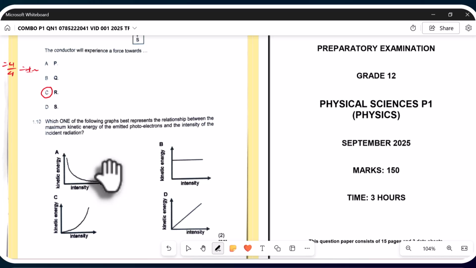If I had frequency on the x-axis, then if this was frequency, this graph would be correct. It would be increasing. But now because it is intensity, which only affects the current but not the kinetic energy, the answer is this one here. So the answer is B.